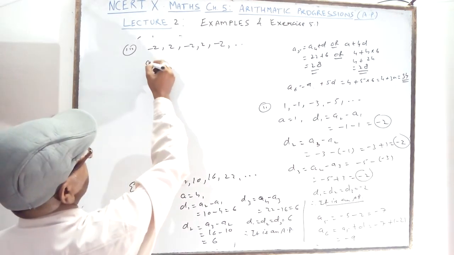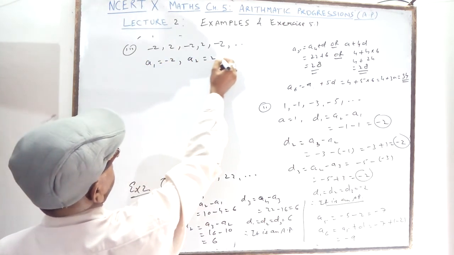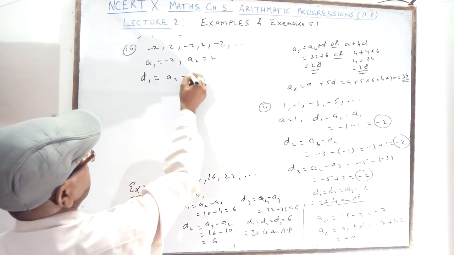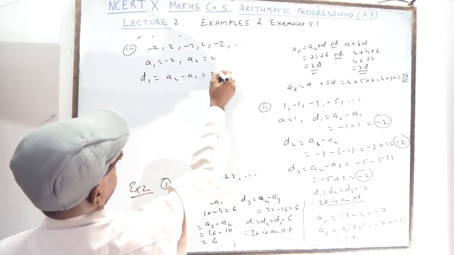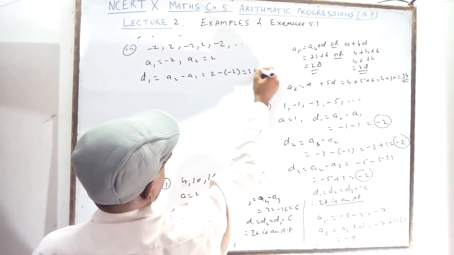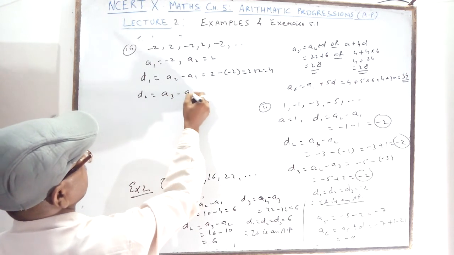What is A1? A1 is minus 2, A2 is 2, and so on. So what is D1? A2 minus A1. A2 is 2, minus minus 2 will be 2 plus 2, 4. What is D2? A3 minus A2.